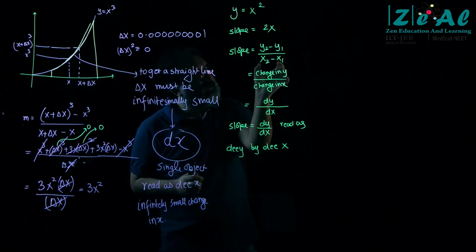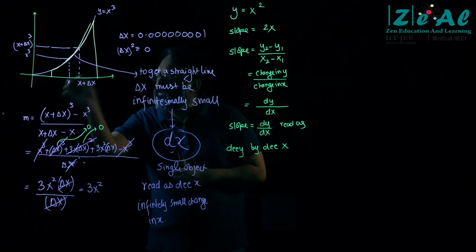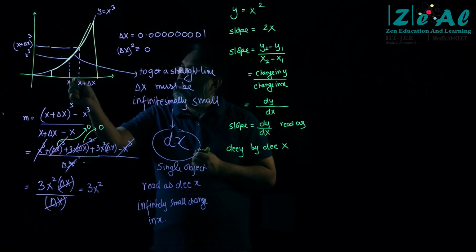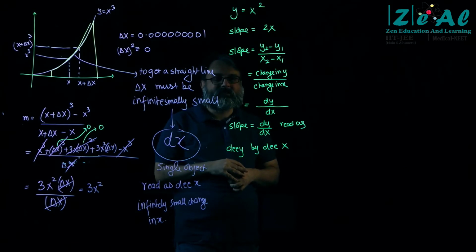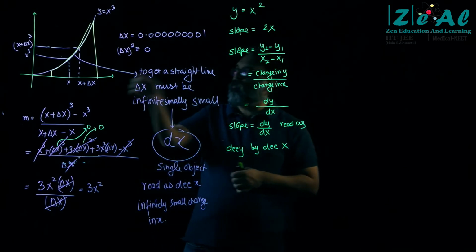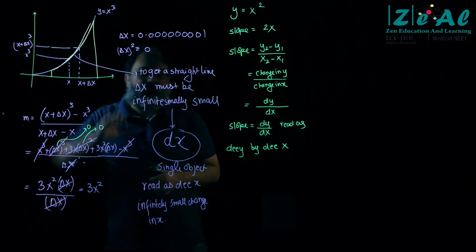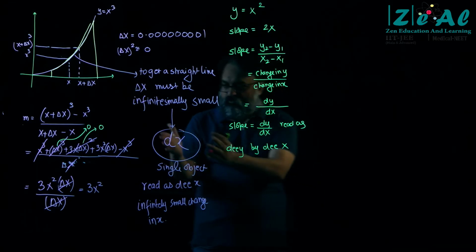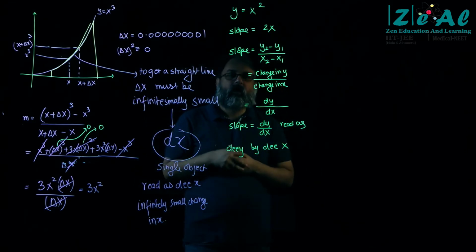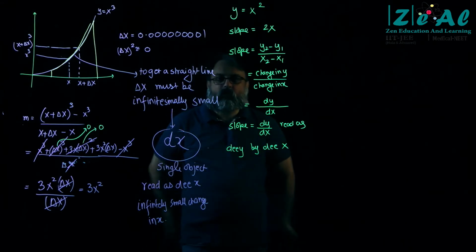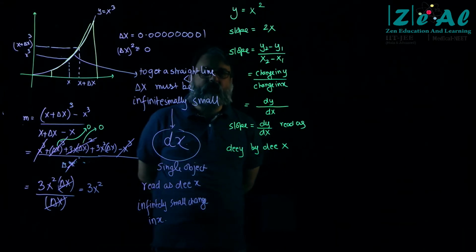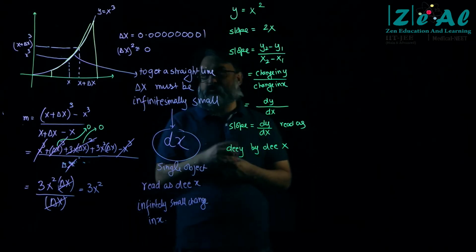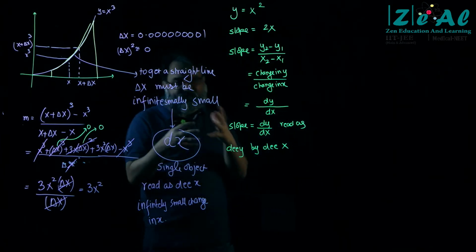But if you were to take this as an infinitesimally small interval here, then you would write it as dx, and the corresponding change in y would be equal to dy. So this is another way of writing slope. This is the new symbol, the new language, and slowly we are going to learn the meaning of this new language. I would like to show you the meaning of this language in two ways. One is mathematically, which we have been doing, and the other is physically.